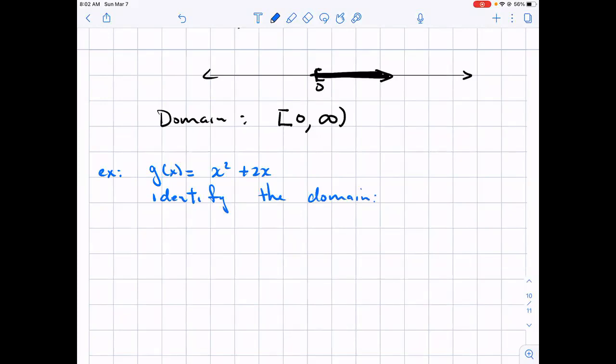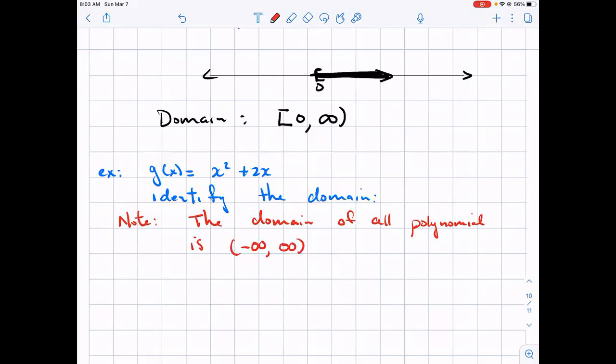So, a little note here: the domain of all polynomials is minus infinity to infinity.